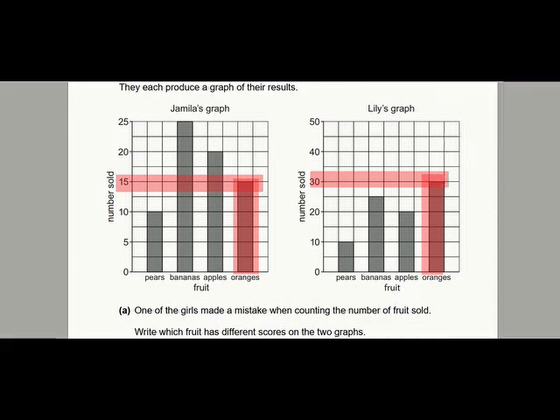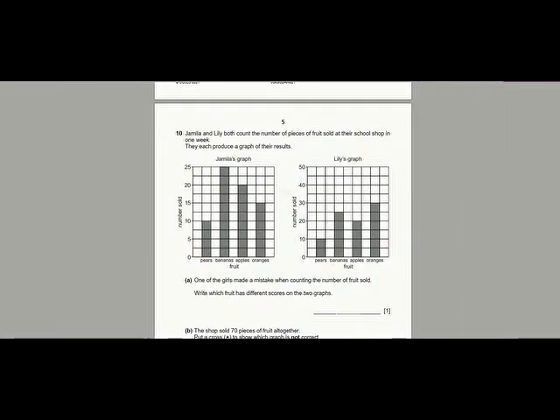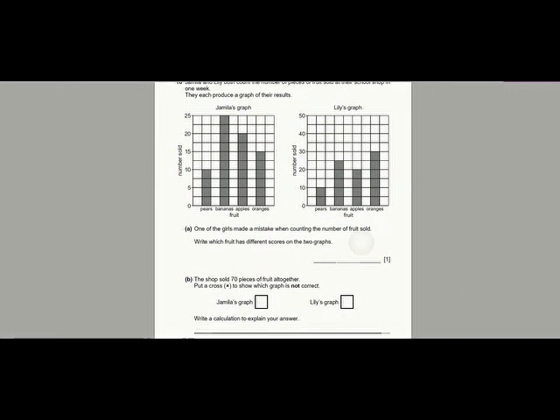Now, I don't have to name those amounts, but I have to be really careful. Let me make this smaller so I can answer the two questions at once. So which fruit? Oranges.